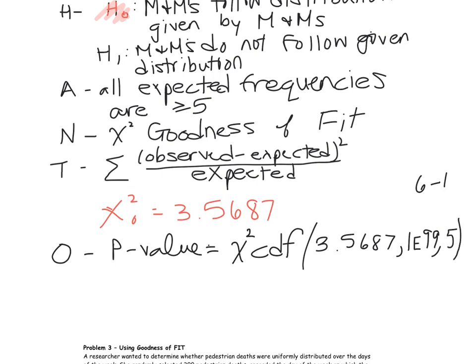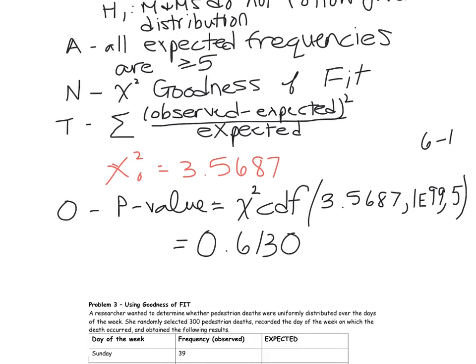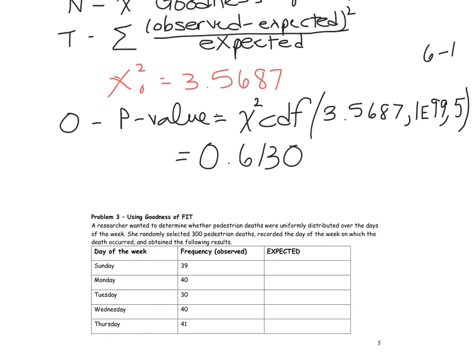And if you get that into your calculator, you get this value. Okay, so at this point, we have 2 options. Ooh, I'm running out of room. You could use your classical approach, go into the back with your formula sheet, and find area to the right 0.05 with 5 degrees of freedom.